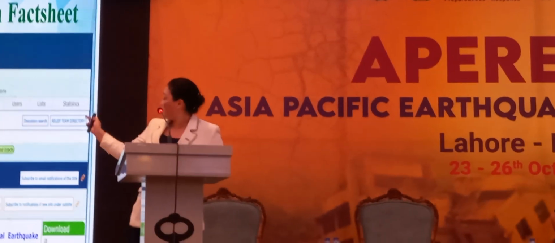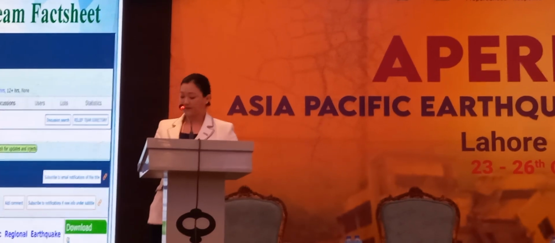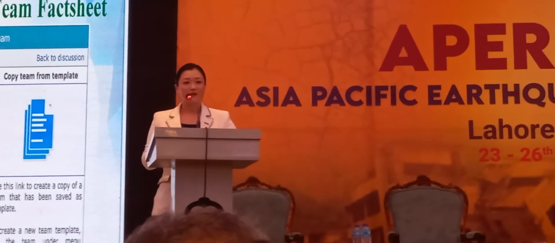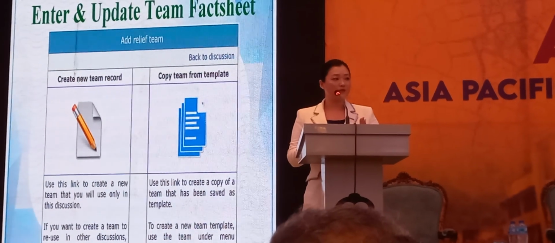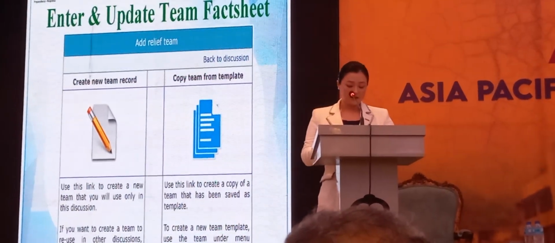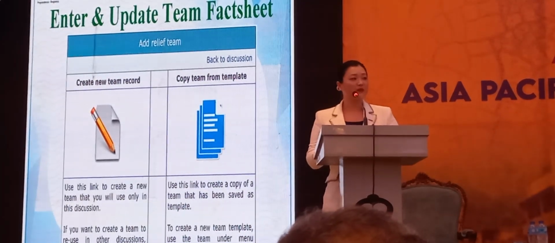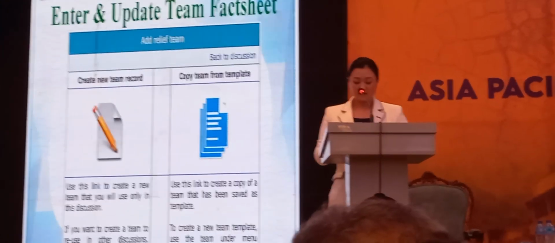To do that, you can go to the top left and click add relief team. When you click add relief team, you will find the template. If you have already used VO and created your team profile, then you can copy from the template that you developed earlier. But if not, you can create a new template.